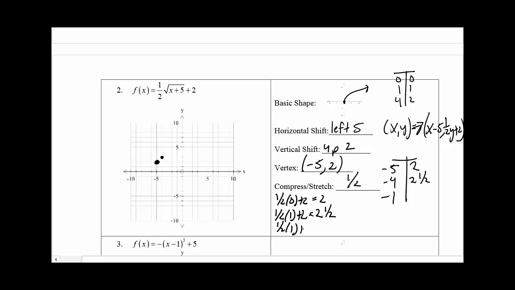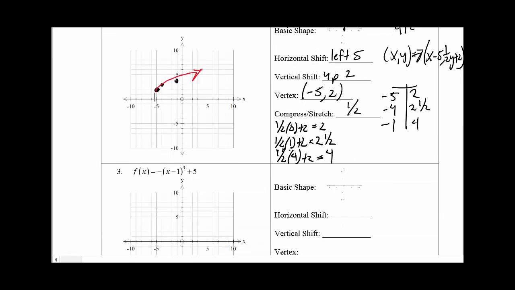And then 1/2 times 4 plus 2. Well, half of 4 is 2 plus 2, so that puts us at 4. So I should have another ordered pair at (negative 1, 4). And I just need to curve those points and make sure it looks very square root-ish.